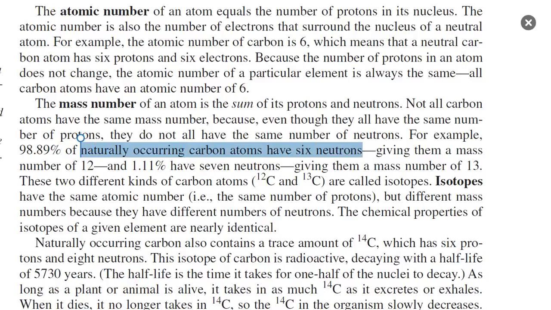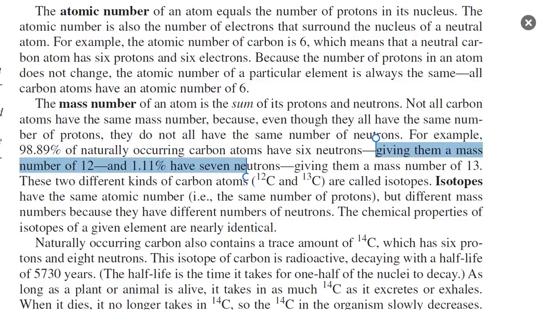So if you add 6 neutrons plus 6 protons, how much is it? 12. So they have mass number 12. And 1.11% have 7 neutrons. So the 12 one is the highest percentage, where the total of protons and neutrons is 12, and the other is a lower percentage, just 1.11%.